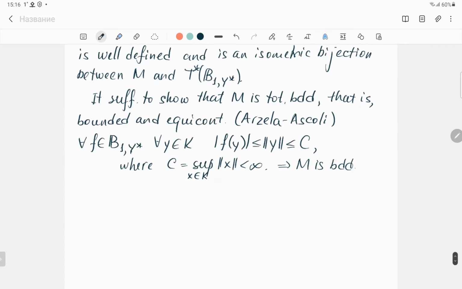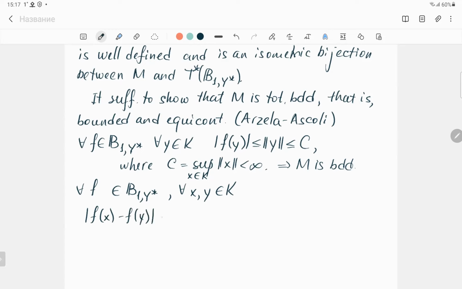And why is it equicontinuous? Well, we take a linear functional f from the unit ball, and we take two points, x and y in K. And let's look at f of x minus f of y.